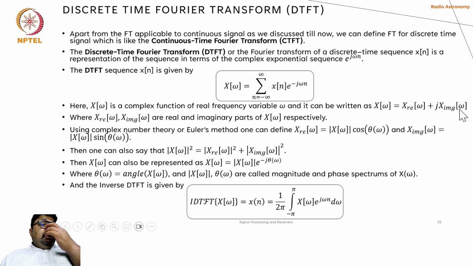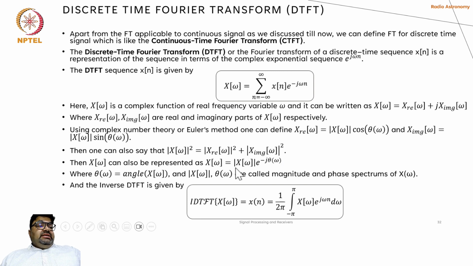Capital X can be broken up into real and imaginary parts because it's a complex quantity. X real and X imaginary are the real and imaginary parts. They can also be broken into cosine theta and sine theta. They follow the simple quadrature rule: the norm of X(omega) squared is equal to the amplitude of X real squared plus the amplitude of X imaginary squared.